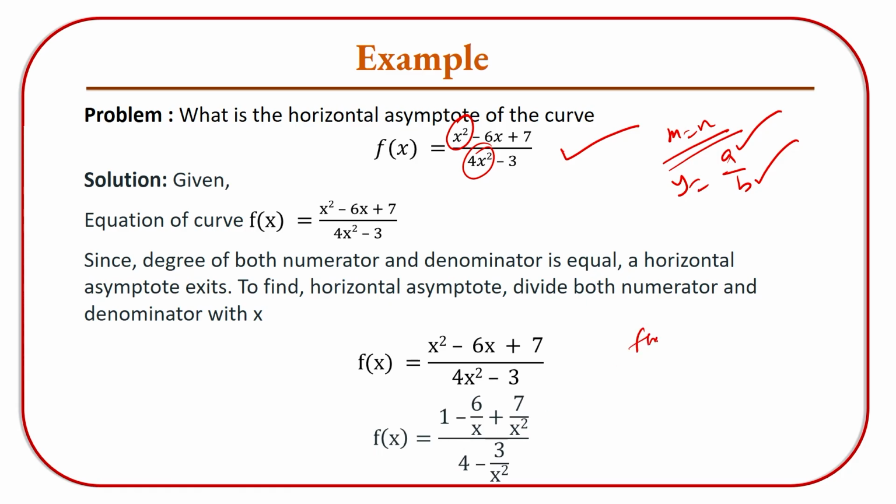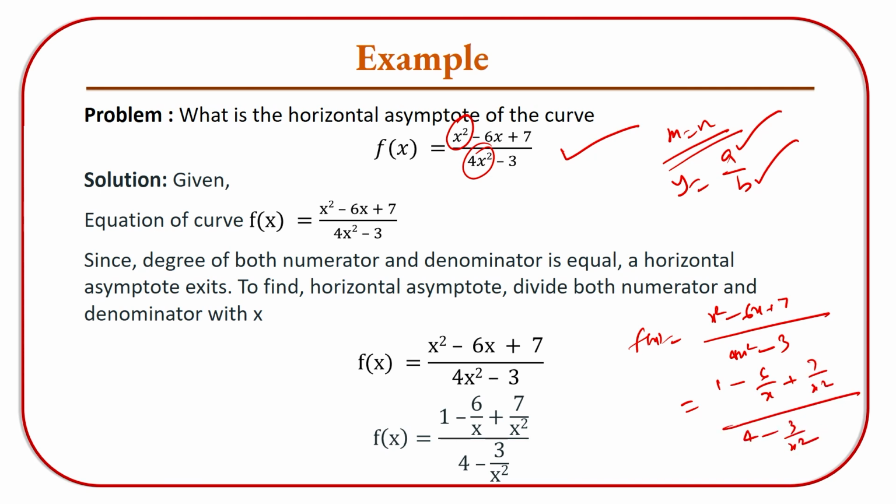f(x) is x square minus 6x plus 7 divided by 4x square minus 3. So, you have to cancel it out: 1 minus 6 by x plus 7 by x square, divided by 4 minus 3 by x square, right.